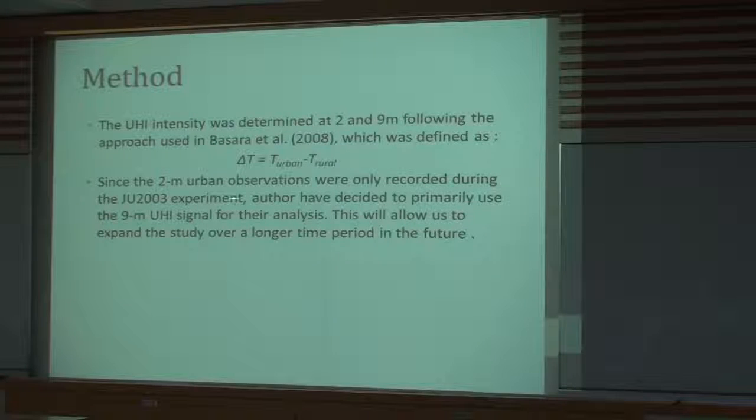Since the 2 meter urban observation was only recorded during this campaign, the author decided to primarily use the 8 meter data for the UHI signal in their analysis. This will allow us to expand the study over a longer time period in the future.